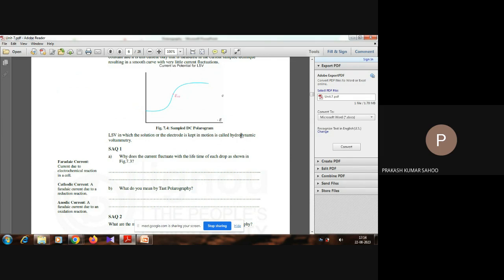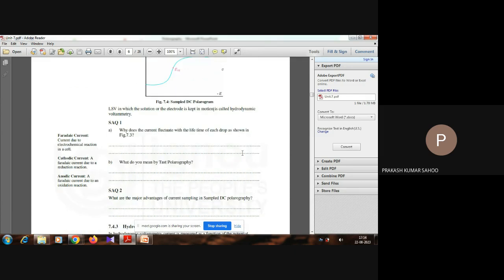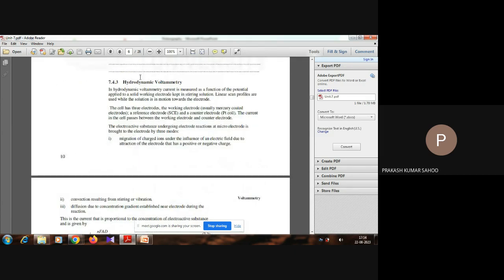Dynamic means there is some kinetic energy, which arises from the motion of the solution or the electrode. So we have hydrodynamic voltammetry. In hydrodynamic voltammetry, current is measured as a function of potential applied to a solid working electrode kept in a stirring solution.